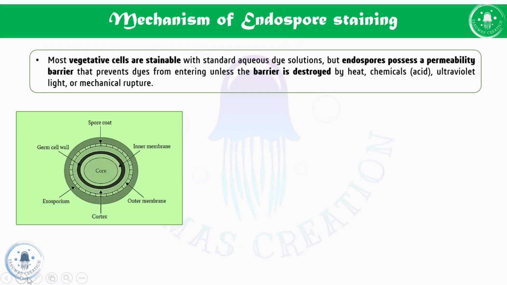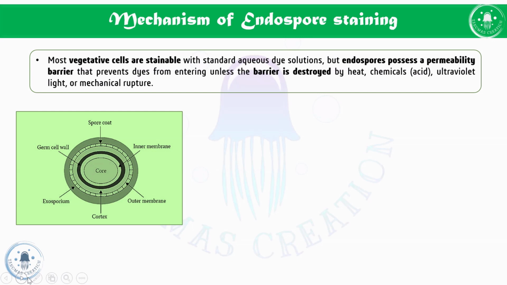So if we look at the structure of the spore, you can see there is a core in the middle, and this core contains the important part of the cell. The most important part is the DNA. It contains the DNA and some of the vital proteins that are required for survival. Now the core is protected by many layers, as you can see.